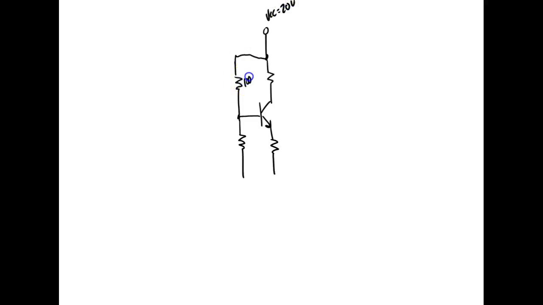This is a 100K, right? This is a 10K. This is a 10K, and this is a 1K. Now, what we're doing is we're bringing a signal source in here.